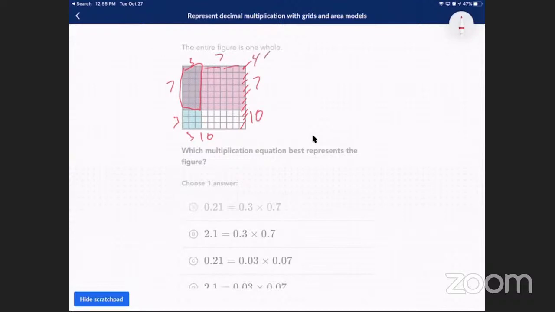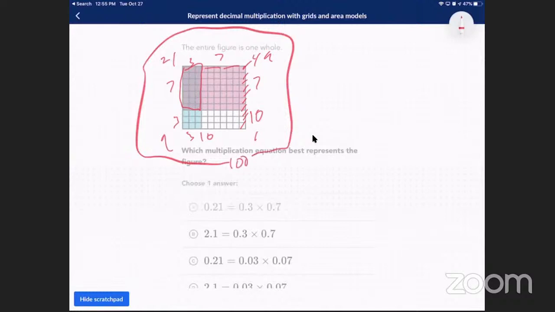So here would be 49, 21, 9, and I guess this whole thing would be 100. And looking at this piece right here, we have a 7 by 3, so 21 is basically not there. So which multiplication equation best represents this figure? Is it 0.21 equals 0.3 times 0.7?